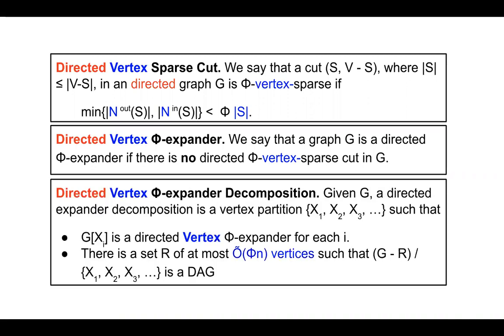And then you can get a directed phi vertex expander decomposition. And here the key thing is that the set R is no longer going to be a set of phi m edges. It's now going to be a set of phi n vertices. So here you're gaining a factor of m over n.